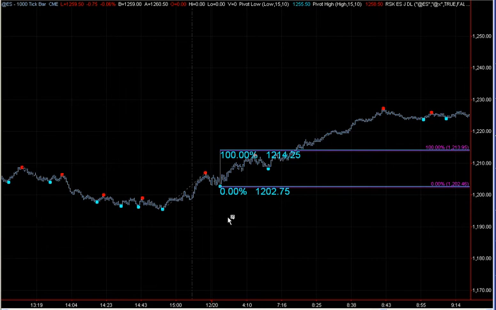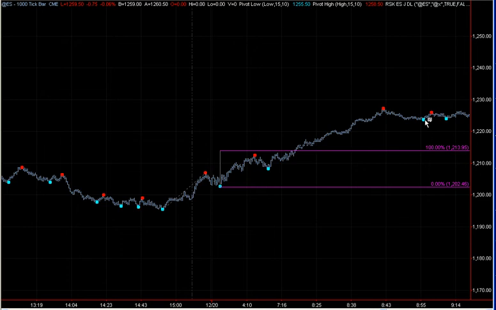If we go above the 100% line, the setup is discontinued. Now let's recalculate here. We've got an A here, a B here, a C here. We've gone above the 100% line, and now we're looking for a new setup. Well, the next new setup would be based upon this point A, this point B, and this point C.